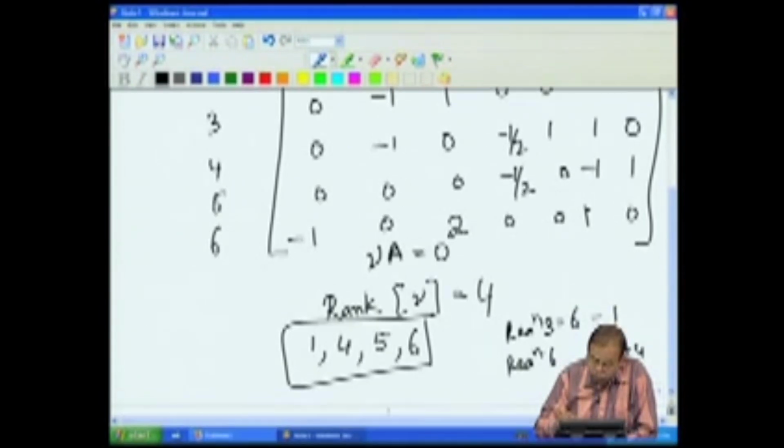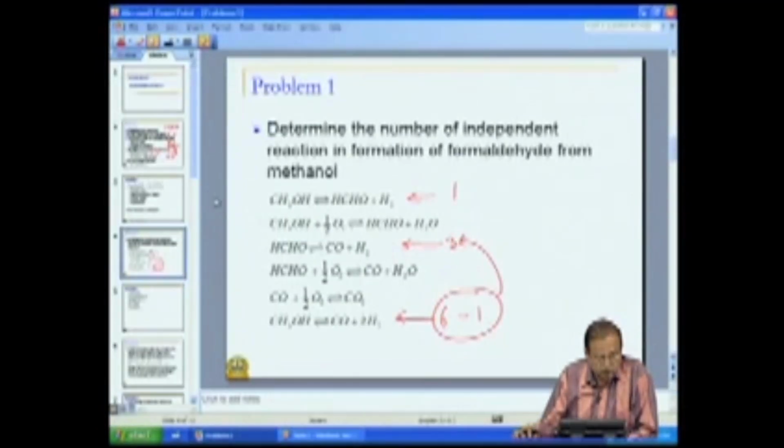Sorry, my reaction 2, I stand corrected. My reaction 2 is 2 times reaction 1 plus 4 minus 6. You can go back to that reaction set and see how it works out. So, this is the first problem, a simple one.